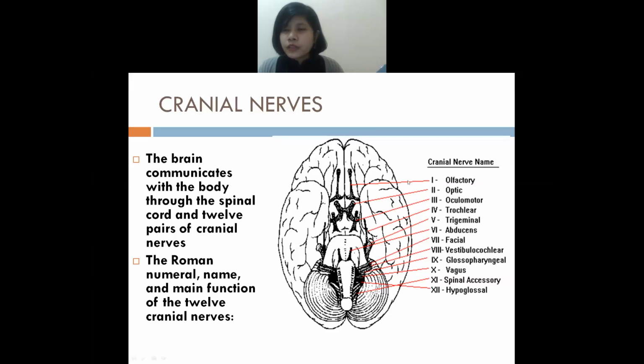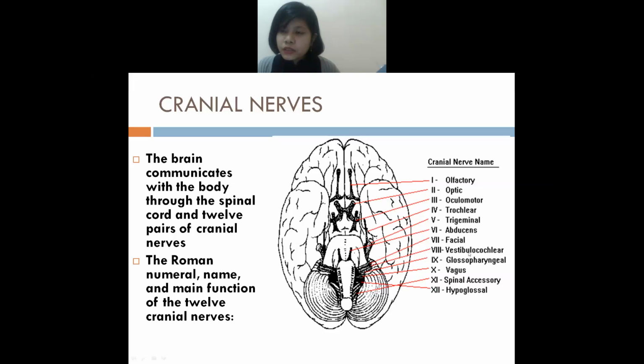So the first cranial nerve, what is the first cranial nerve which you will find? Olfactory nerve. Second is optic nerve. Next is oculomotor nerve. The fourth is trochlear nerve. The fifth is trigeminal nerve. The sixth is abducens nerve.